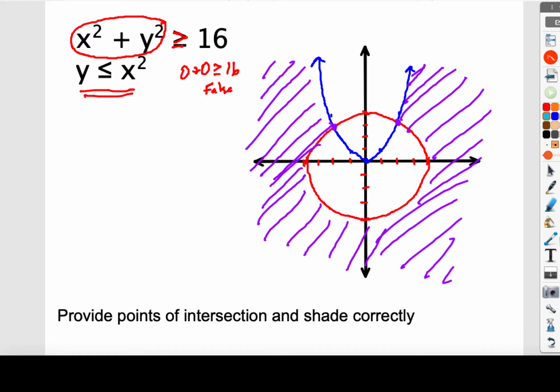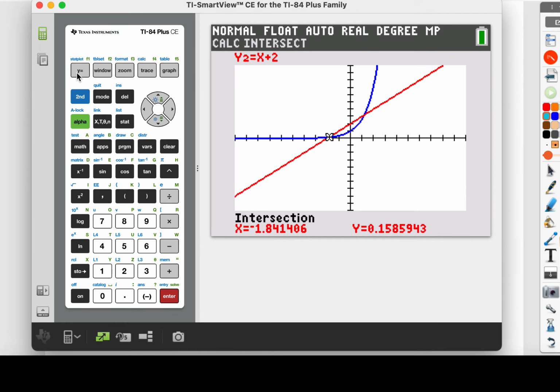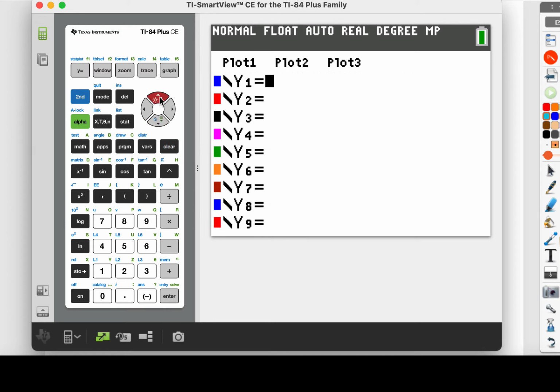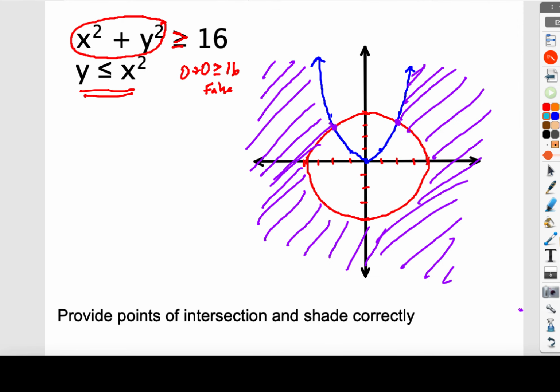Let's go ahead and do that quickly, because plotting a circle on your calculator can take a little bit of work. So I'm going to go back in here, y equals, and clear out the 2 equations we have. Again, a simple way to solve for y is to say that y squared would have been greater than or equal to 16 minus x squared. And again, we have to take the square root of both sides.